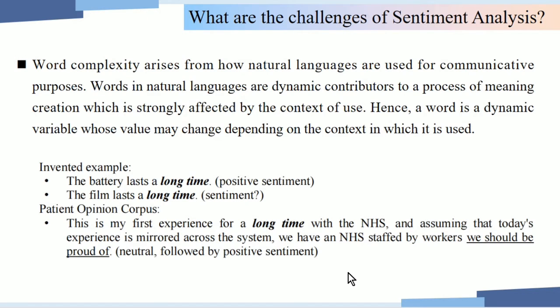Next, word complexity arises from how natural languages are used for communicative purposes. Words in natural languages are dynamic contributors to a process of meaning creation, which is strongly affected by the context of use. That means the same word in different social contexts may have different meanings. So a word is a dynamic variable whose value may change depending on the context in which it is used.